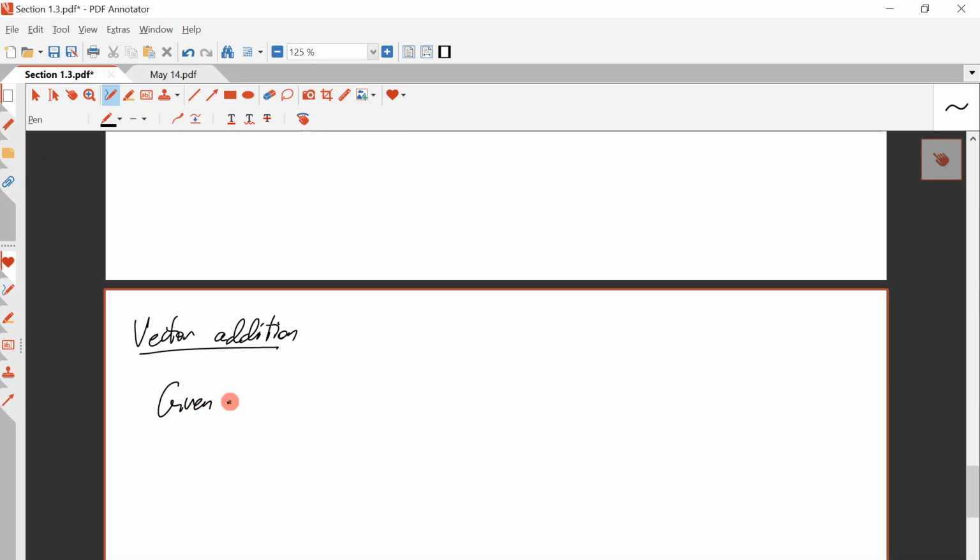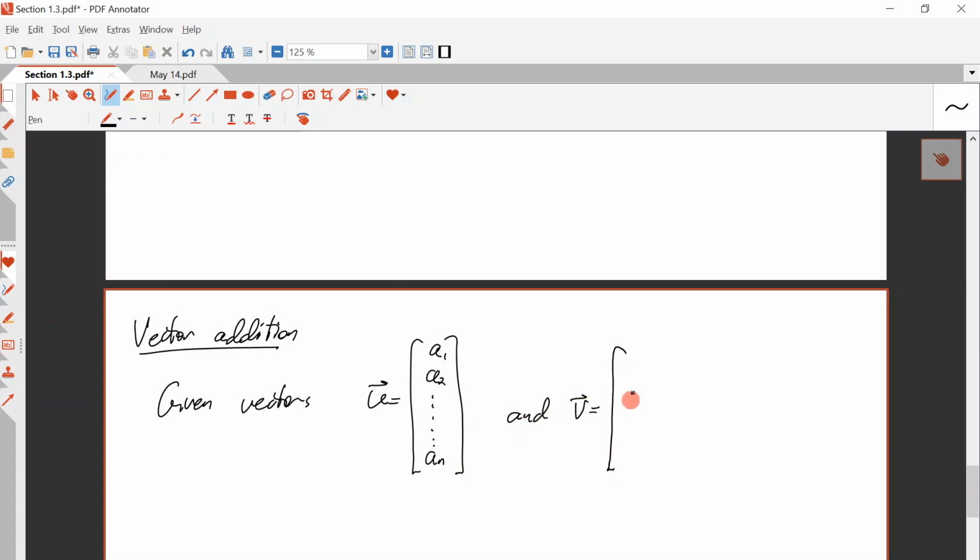Given vectors u equal to a1, a2, an, and v equal to b1, b2, bn, like that. So they have to be vectors of the same size.